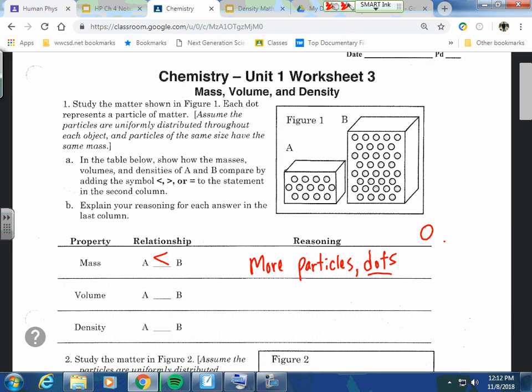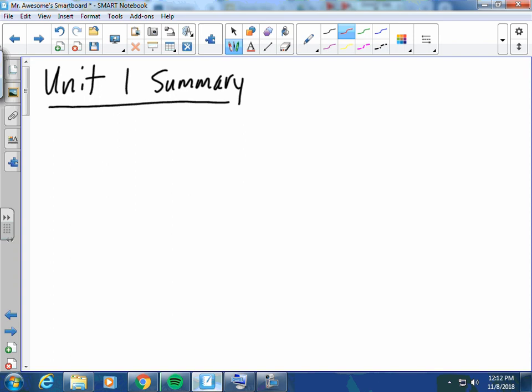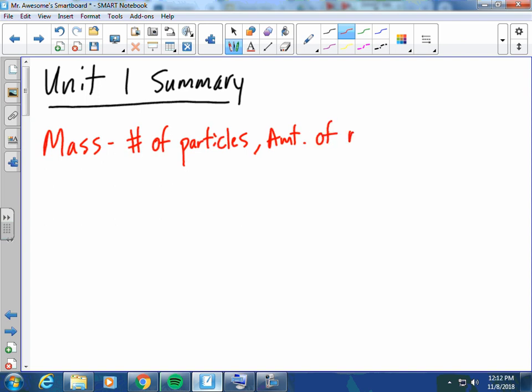So if we go to summary, that tells us two things right now. We've got mass. We could say number of particles or amount of matter, which kind of started talking about amount of stuff. How much stuff is in something, that's mass.